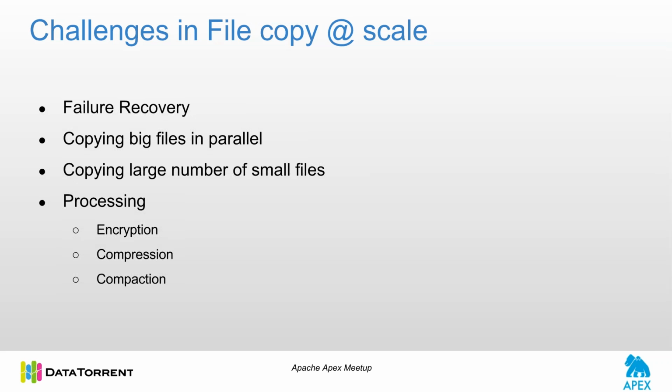So that's another challenge. Additionally, you can have processing requirements like encryption, compression, and compaction. So there are many such challenges. I have listed a few key things, and we'll see how we can address them using Apex.